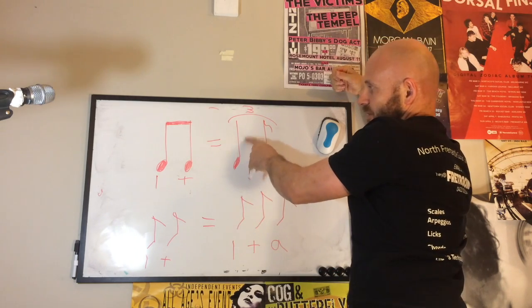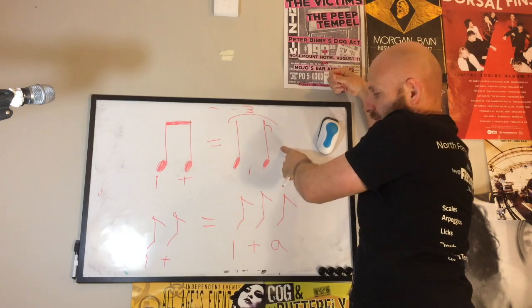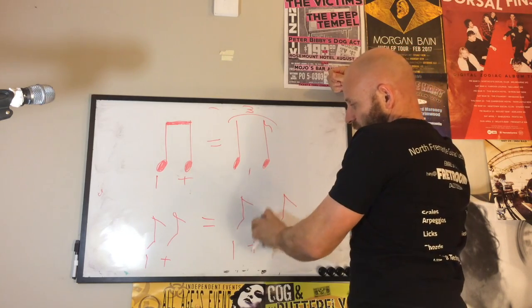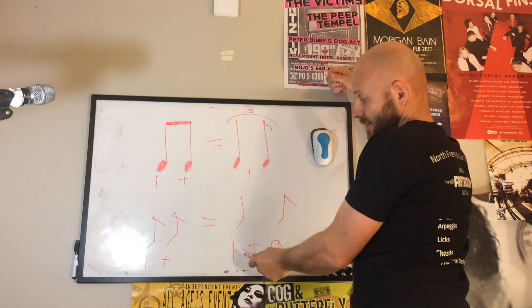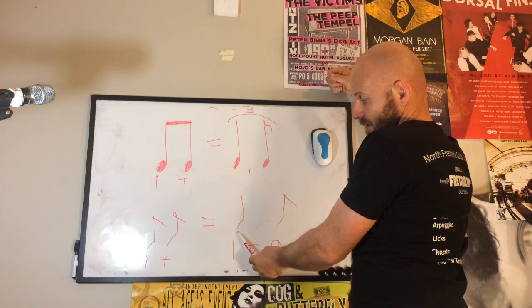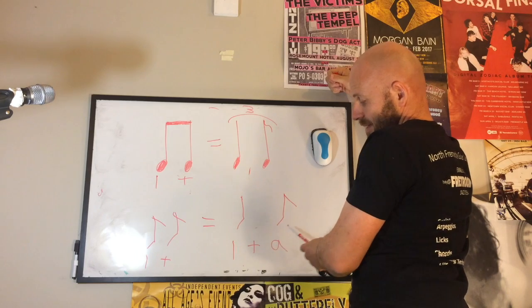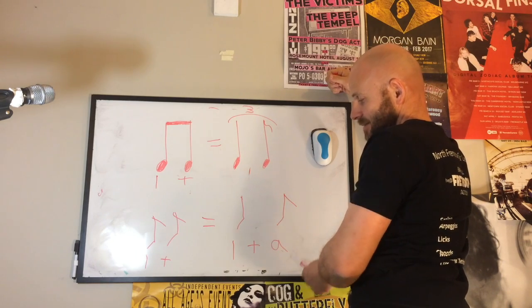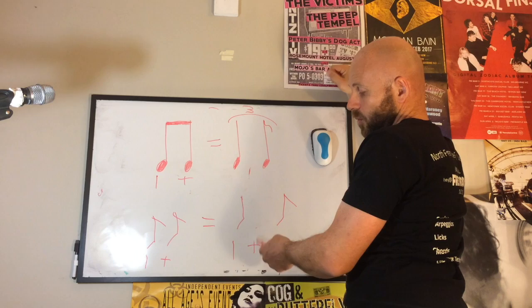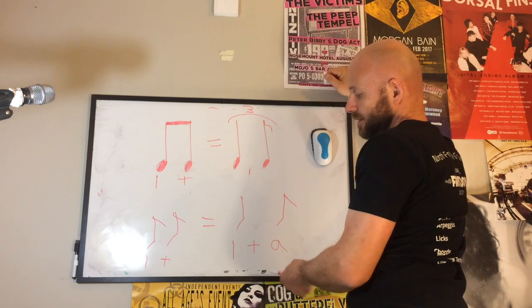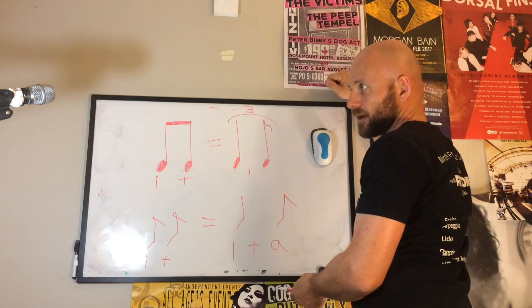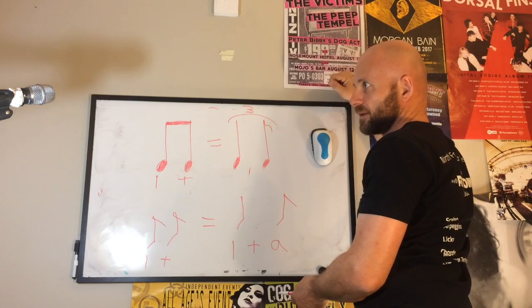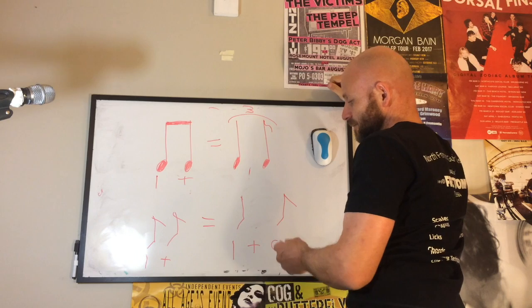So this is saying we've got a quarter note and then you've got an eighth note. So I'll get rid of this one here, convert that first one to a quarter note, and that's what's going to happen. We play the first one on 1, and the next thing happens on the A. So it will be 1 and a 2 and a 3 and a 4 and a, and on it goes.